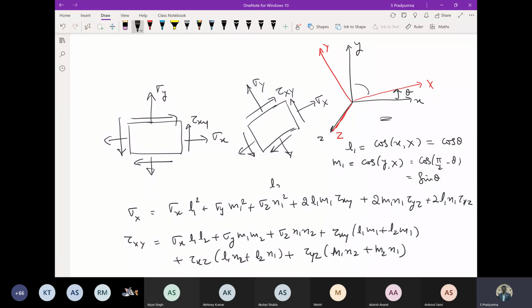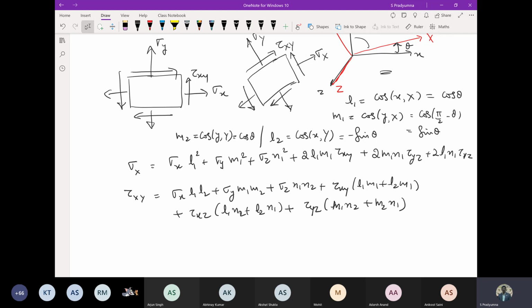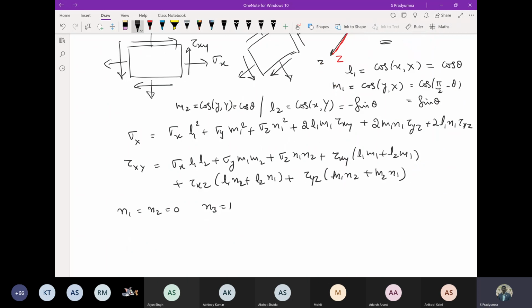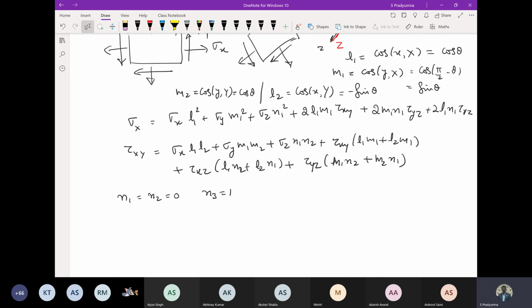And similarly, L2 is equal to the cosine of the angle between x and y, that is minus sine theta, and M2 is equal to the cosine of the angle between y and y, that is cos theta. Okay. So these are the equations. And also we have n1 is equal to n2 is equal to 0 and n3 is equal to 1 because it is the rotation about the z-axis.